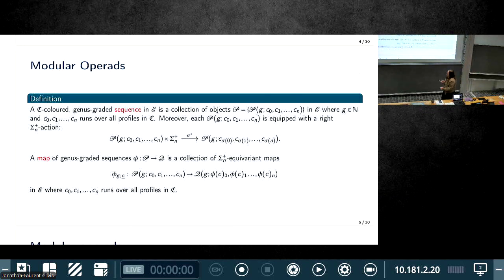If C was a single point set, a one-colored object, then I would have a bigraded sequence, in g and in n. I'm going to have a right action where I can permute the profile, but the genus is always the same. And of course, maps of these things are what they have to be. It's just sequences of objects, just graded objects in spaces, but I want the genus part to always be fixed.